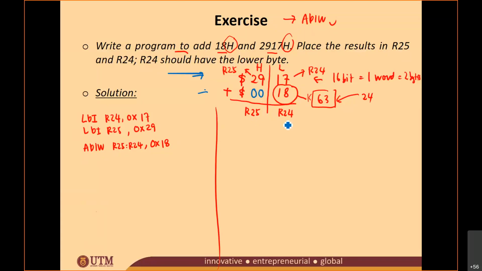Then for the lower byte you can use the ADD, while for the higher byte you can use the ADC. Before that you need to load this value 18 to another register, for example R16, and this 00 put to your R17, for example.